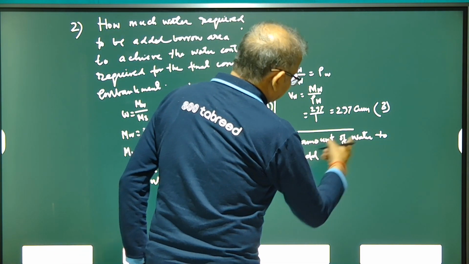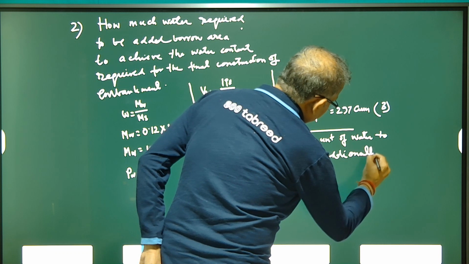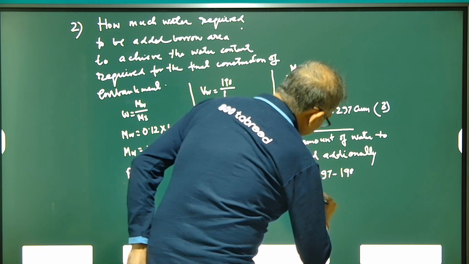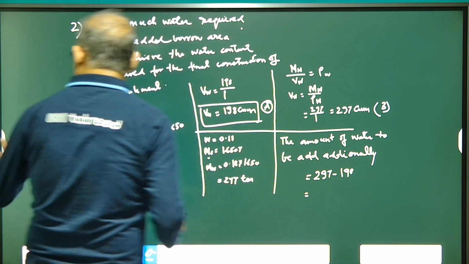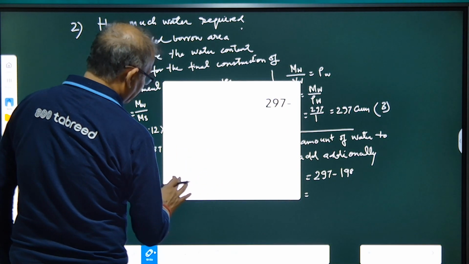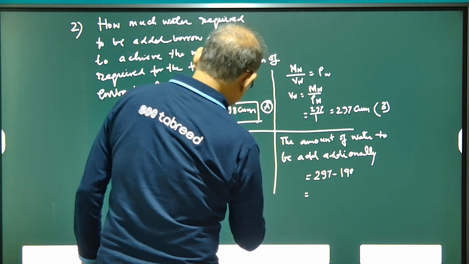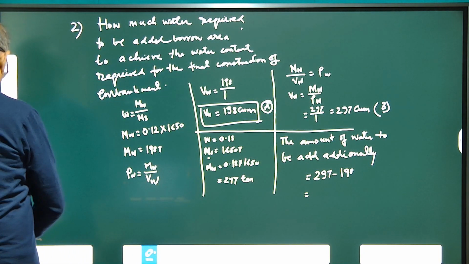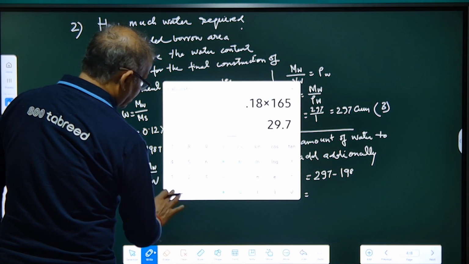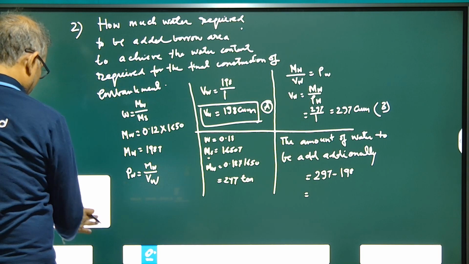So the amount of water to be added additionally will be equal to 297 minus 198, where 0.18 into 1650 is equal to 297.